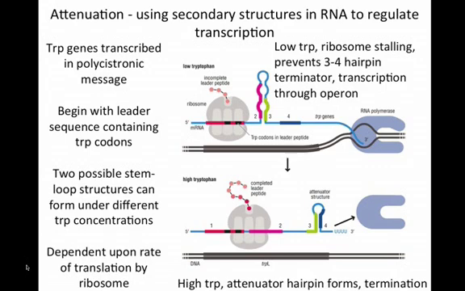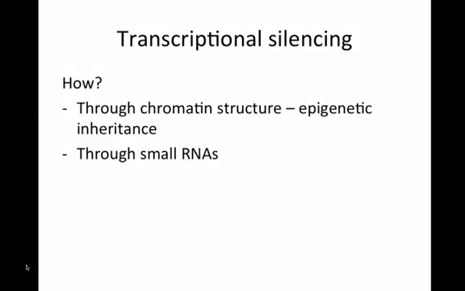I might word it as operons are primarily found in prokaryotes. If on an exam I said something that was wrong, and within an appropriate amount of time you brought me a well-reasoned, referenced argument, then the teacher's not always right. Okay. Any other thoughts about this? And we'll move on.